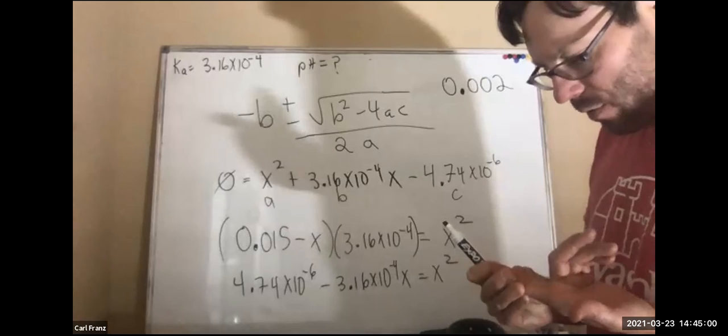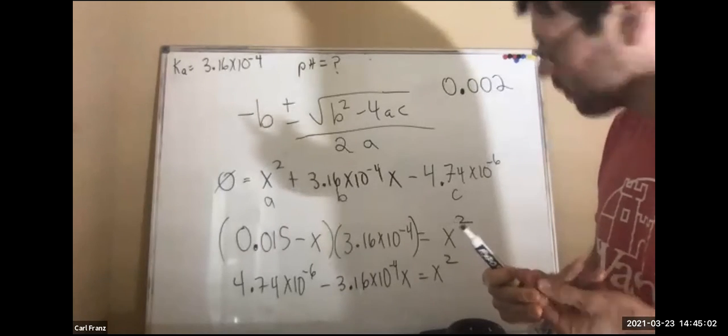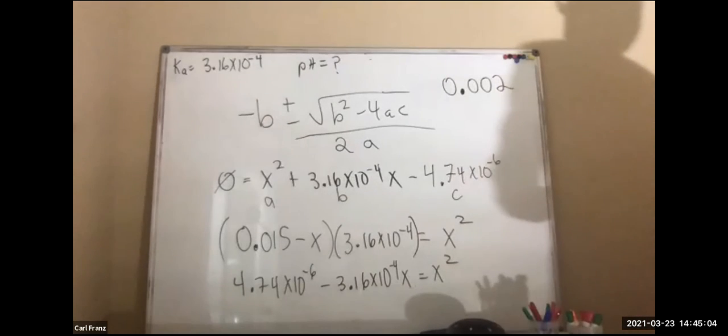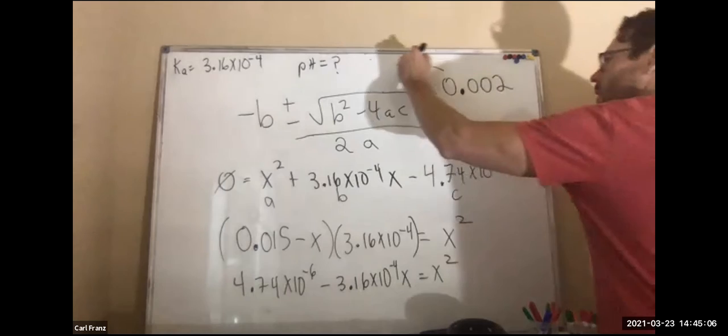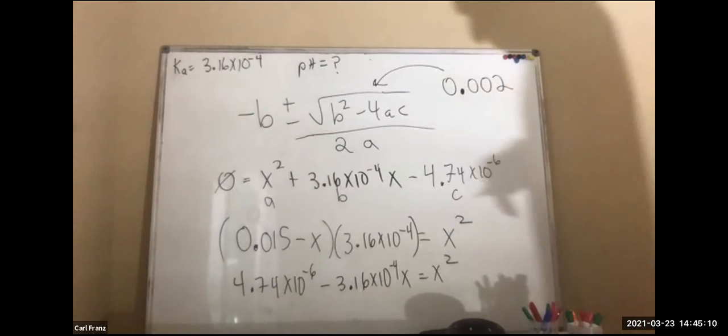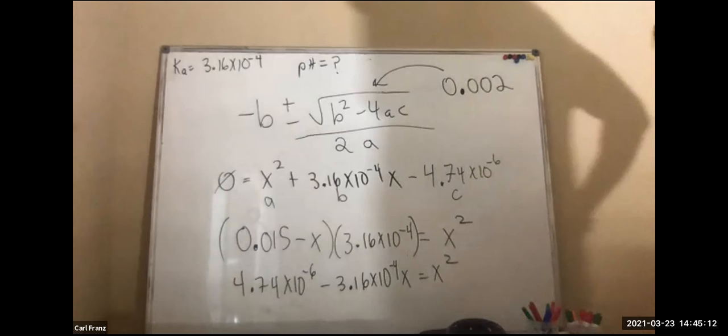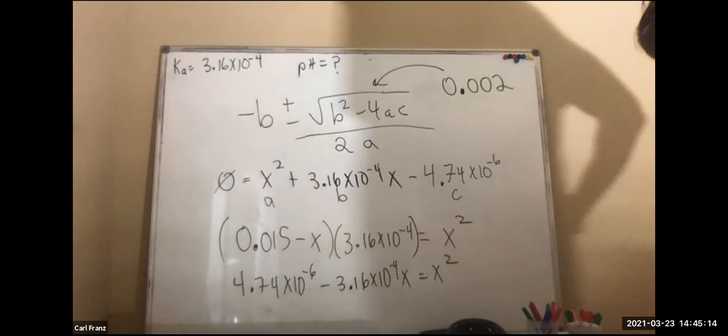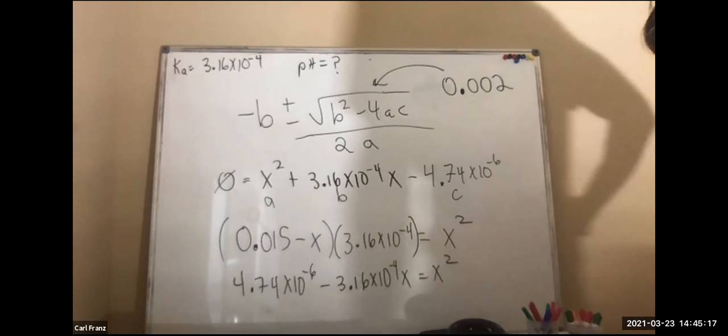So they haven't gotten that far yet, Hannah. So for adding and subtracting, I get a negative 0.002 and a positive 0.002.